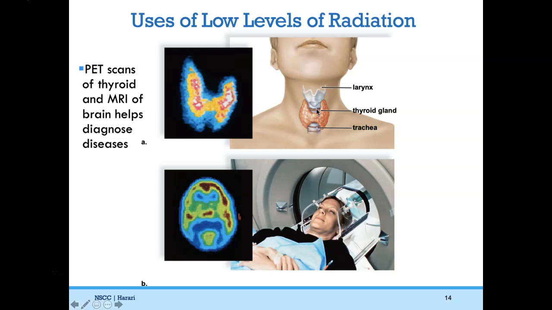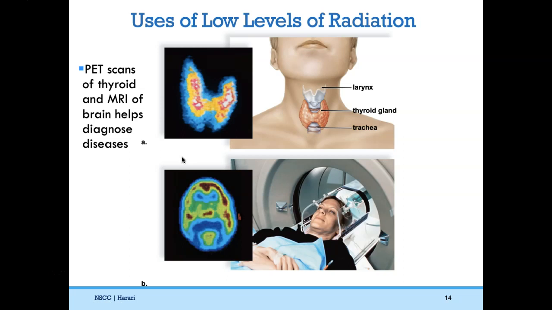The thyroid gland is right by the trachea, and since the iodine releases energy, you can pick that up on an imaging technique like a PET scan, positron emission tomography. So it's looking at the release of radioactivity from the radioactive iodine that's being taken up in the thyroid.